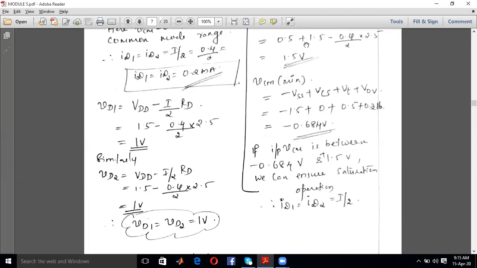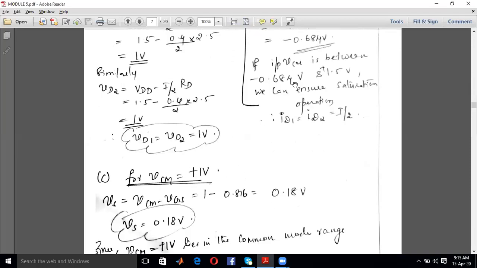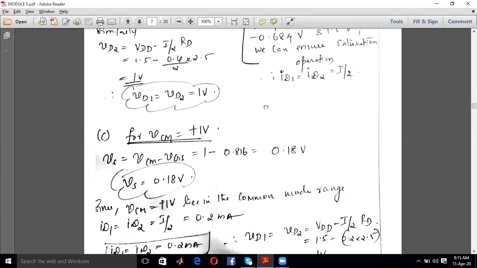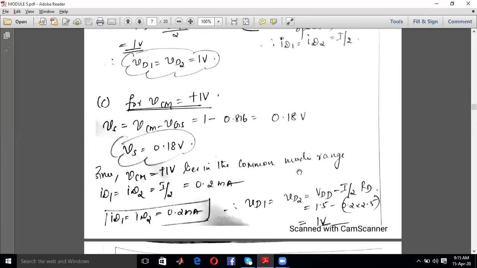Because our maximum value is 1.5. So we can give any input which is less than 1.5, that is okay for us. So if you can give an input less than 1.5, it is within the common mode range, and greater than minus 0.684. As this plus 1 volt is greater than this minimum value and less than this maximum value, we can say that this is lying in the common mode range.